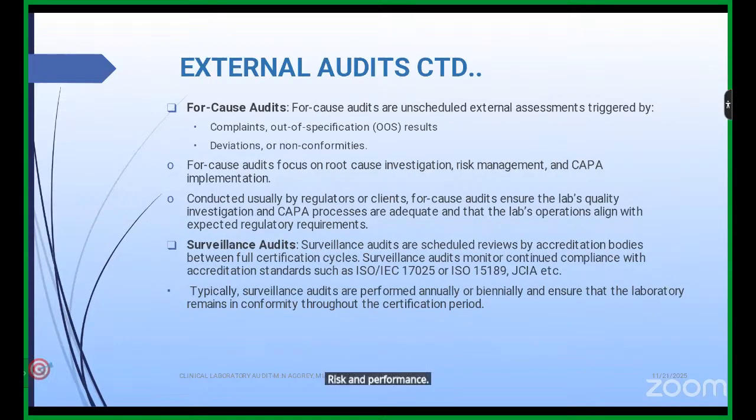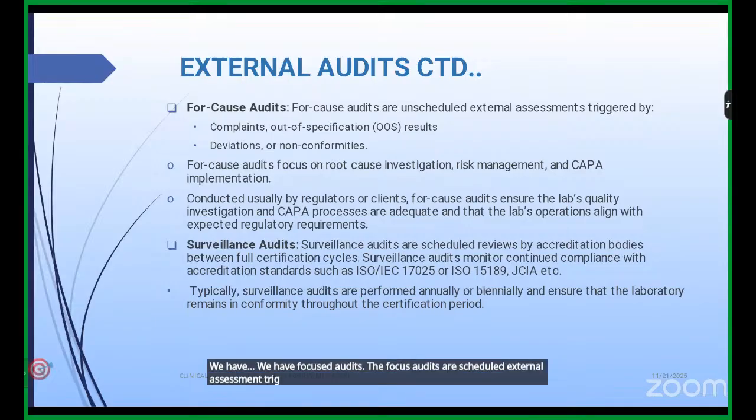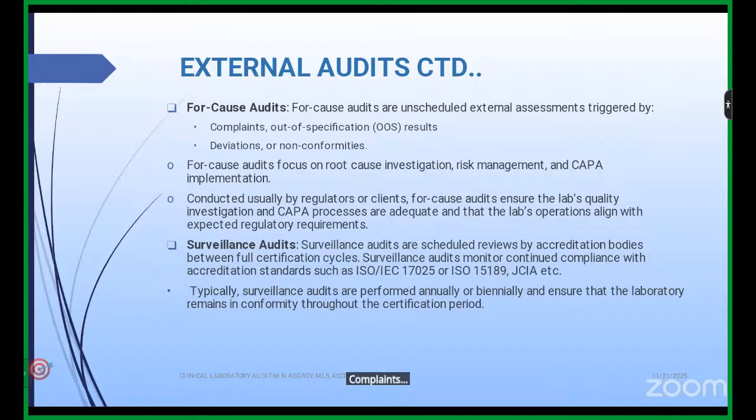We have for-cause audits. The for-cause audits are scheduled external assessments triggered by complaints or out of specification results. These ones are similar to the audits that follow major incidences. They also look at deviations or non-conformities.